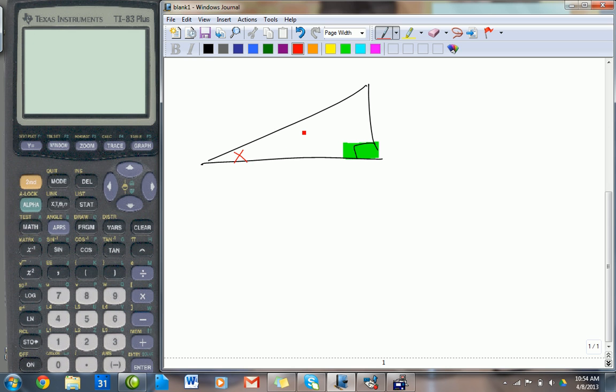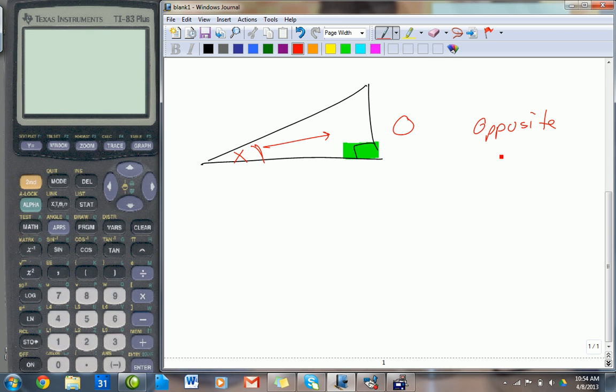Based on this reference angle, we have three sides, and relative to the reference angle we define, we name each of these three sides. From this reference angle to the opposite side, I'm going to call that O, for opposite.